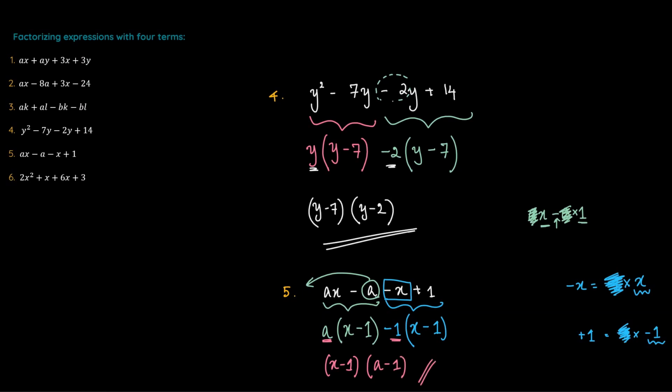Now we've come to the very final question in this video, and that will be the sixth question. So let's write down the sixth question. Sixth question says 2x squared plus x plus 6x plus 3. We're not going to do anything new. The same technique, first term and second term put together, and the third and fourth put together.